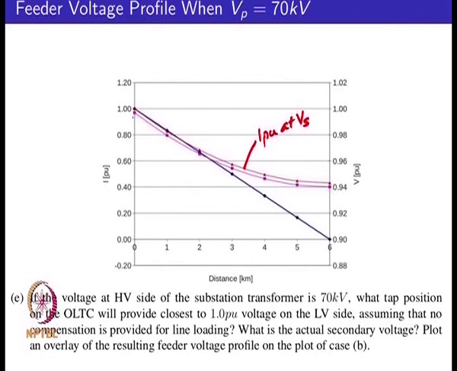So you can see that in this particular case, even though the primary voltage has gone higher to 70 kV, the actual voltage at the substation end is starting at 0.997 and falls down in a similar trend because the impedance profile is the same along the feeder.